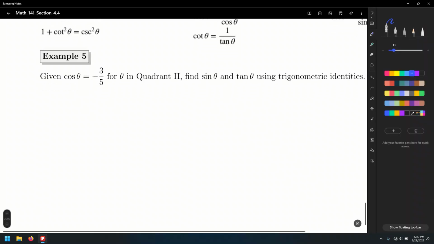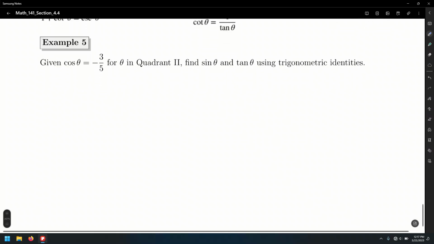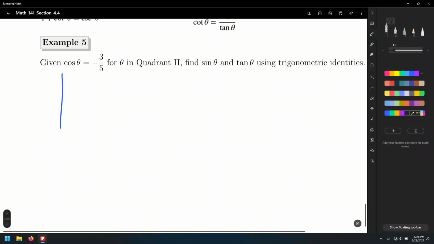All right. So, number one, let's go to quadrant 2. And let's draw a point or an angle, whatever that is. In this case, cosine theta is negative 3/5.